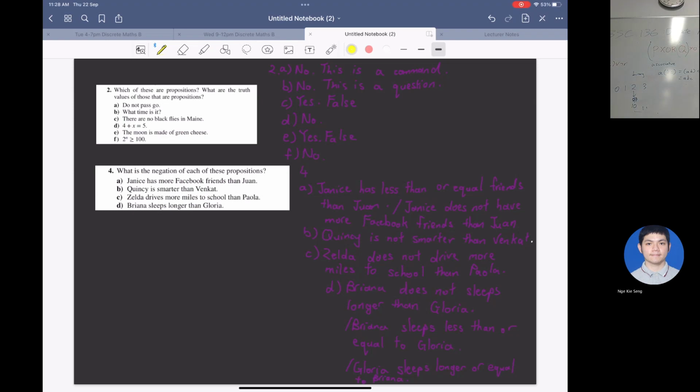Okay, let's start. Let's discuss the tutorial question. Which of these are propositions? What are the truth values of those that are propositions? We start from that row, one by one. Do not pass go. Is it a proposition? Yes.